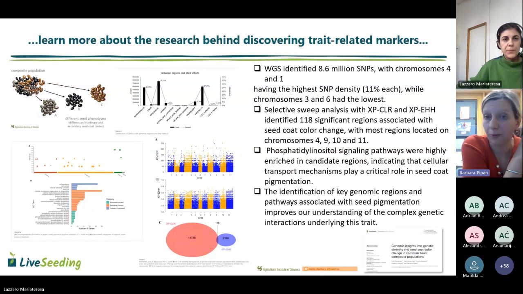In our case, I wanted to put this also on one of the last slides for common bean, which was published from our side: how do we actually discover and identify SNPs which are associated with seed pigmentation in common bean within the composite population.